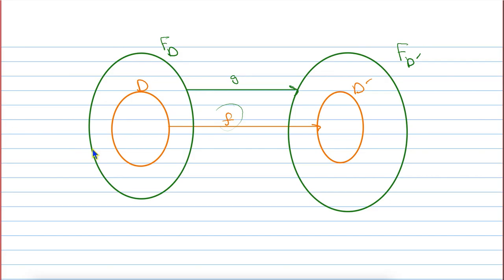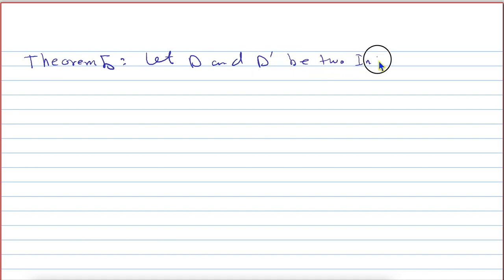Okay, so we move into theorem, and this has to be theorem 5. So theorem 5, let D and D prime be two integral domains.